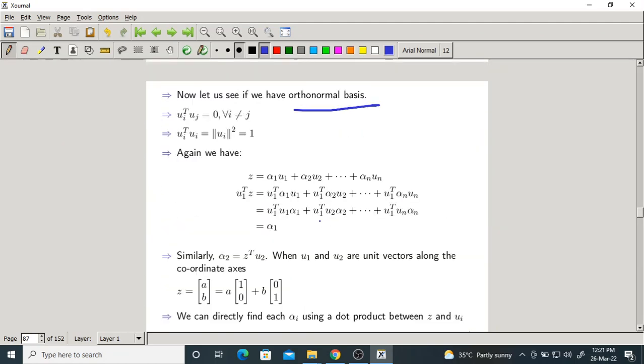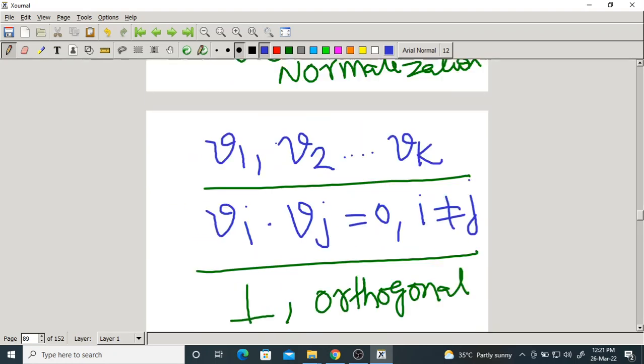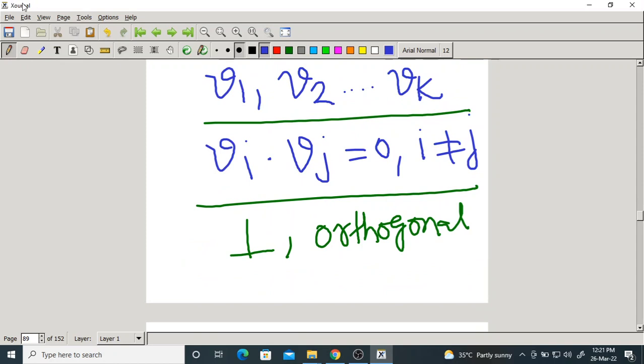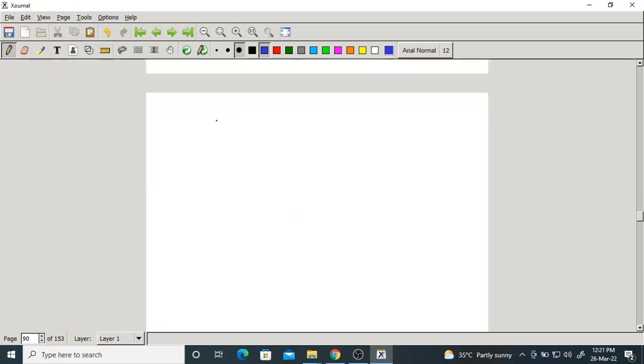Now let us see the condition if we have an orthonormal basis. Vi dot Vj has to be 0 if i is not equal to j.